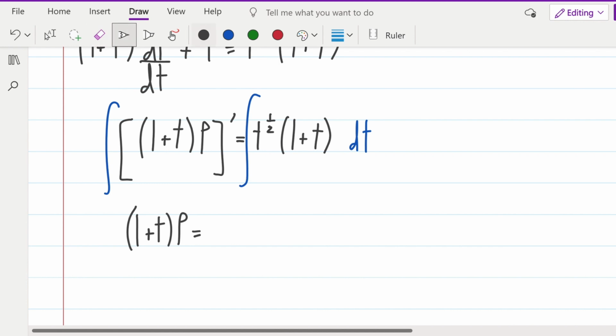And obviously don't do it on both sides because it would cancel out. Don't do plus c and plus c. Just do it on one side, because remember they're constants, so we don't know what they are, so we can't assume that they're just going to cancel out very nicely.